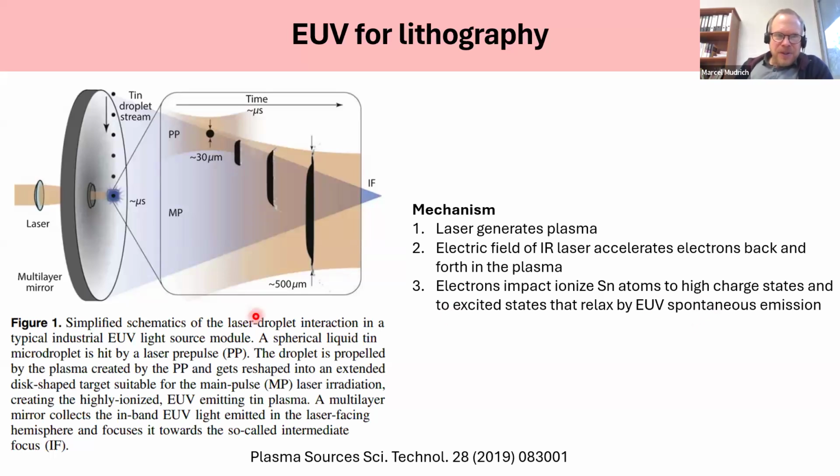But that's the way it works. And you can imagine that an enormous technical challenge is to keep the mirror clean. So there are all sorts of tricks to try to protect these very precisely machined optics around the plasma from the debris that is created, and that would tend to cover and coat the laser optics.